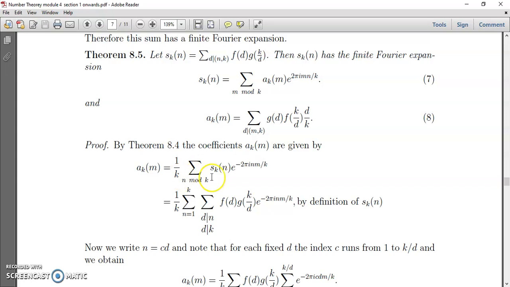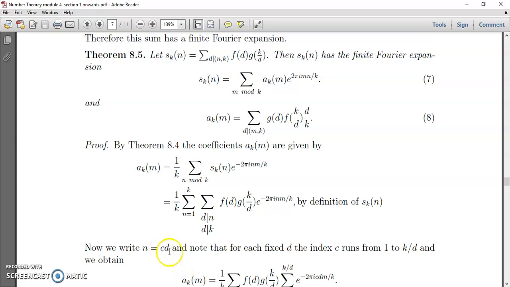In this we first apply the definition of s_k(n). We will be applying here 1/k times the sum over n equal to 1 to k of the sum over d dividing n, d dividing k of f(d) g(k/d) e^(-2πinm/k). Now we are going to separate the summation into two, using a substitution n equal to cd.